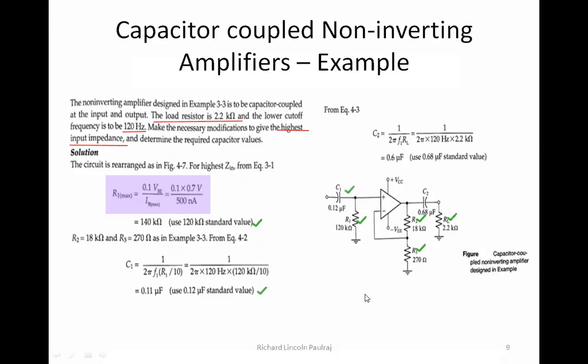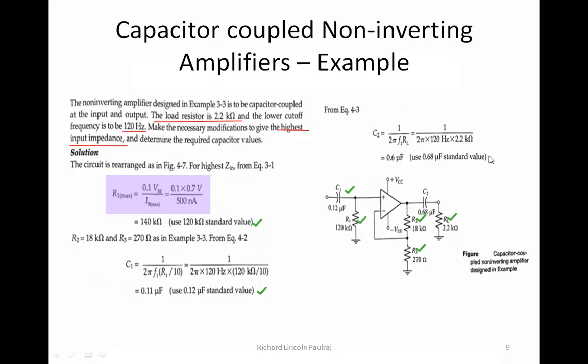So the only thing left out is what now? C2. So I have 2 pi F1 into RL. So I just put the value of F, which is 120. By mistake, do not put as 50. And RL is already given to us, 2.2. So see if it's 0.6. 0.6 micro.